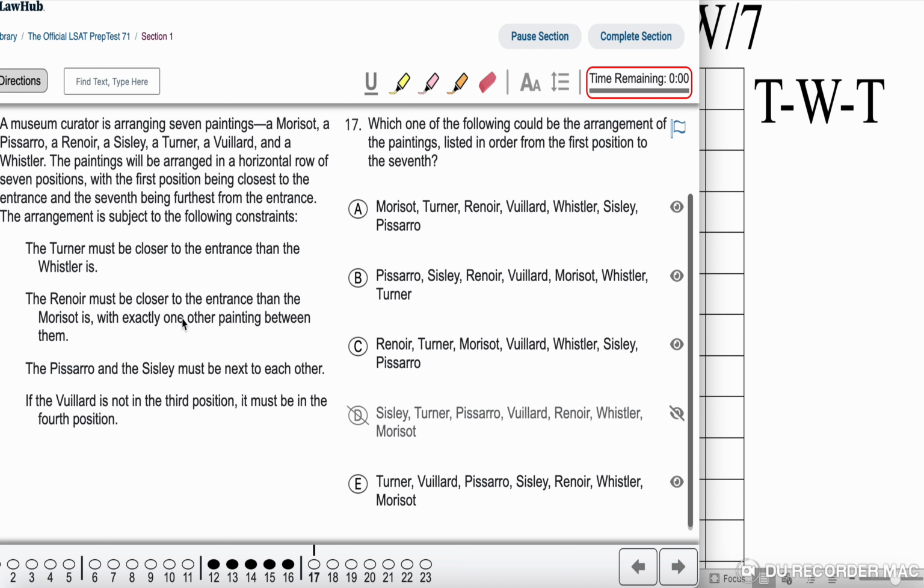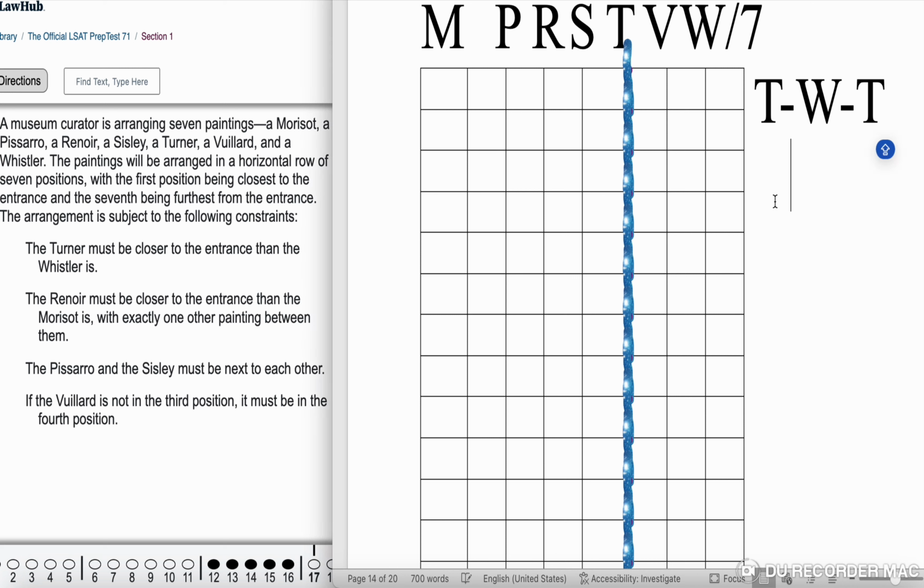Second condition, R must be closer to the entrance than M. So we're going to do this again: R, R, with exactly 1 other painting between them.